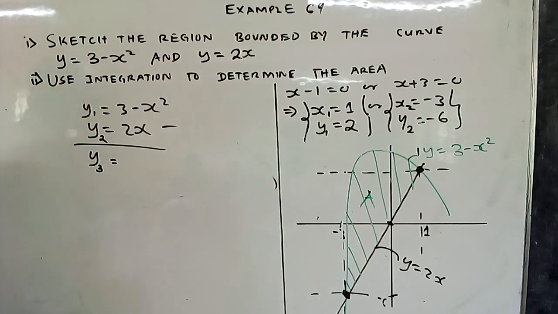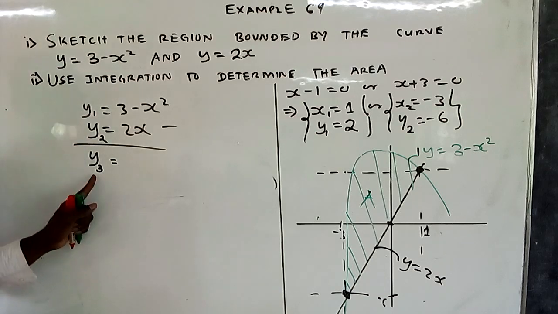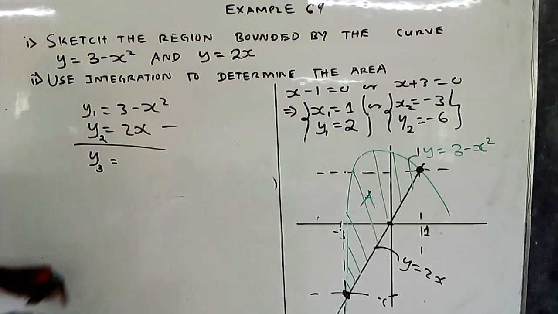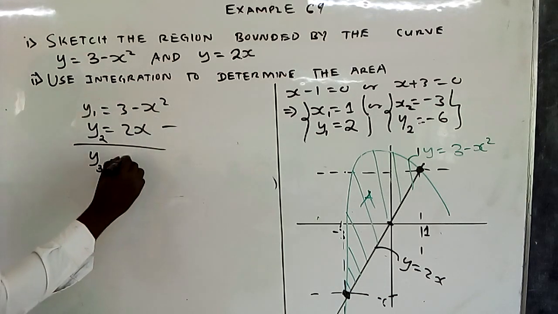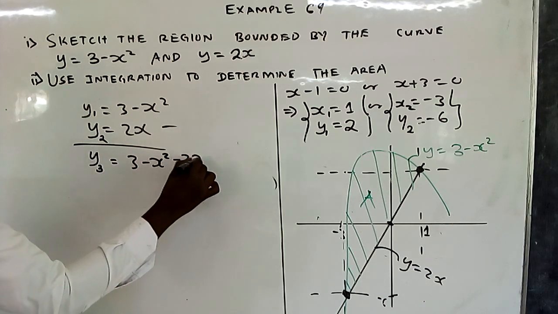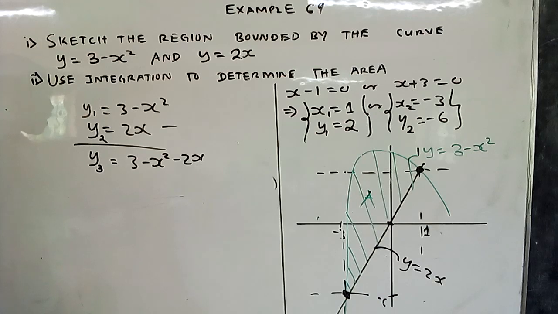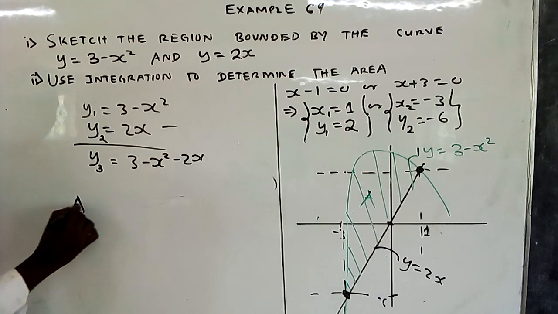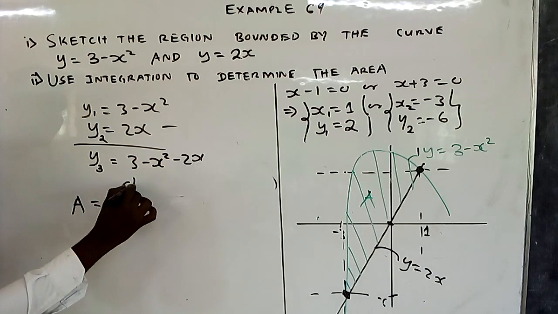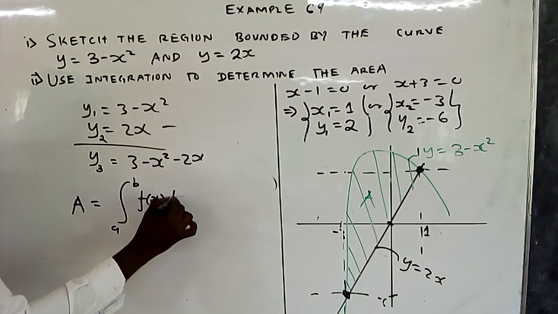What do you get? You get another y3. y3 equals 3 minus x squared minus 2x. Are we together? If you want the area, you are going to integrate from a to b of f(x) dx.